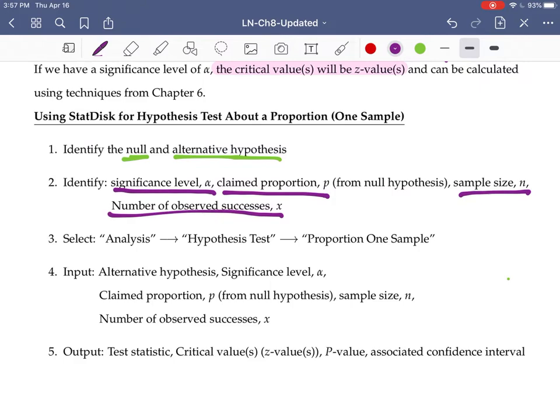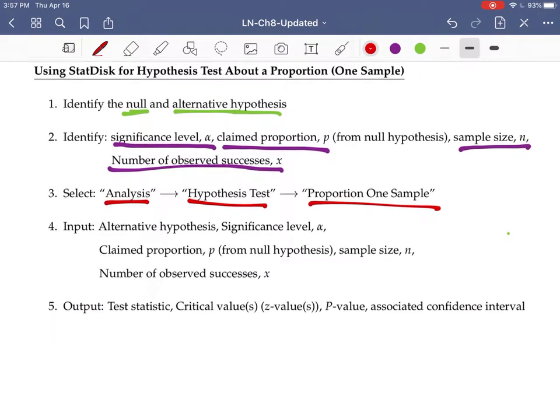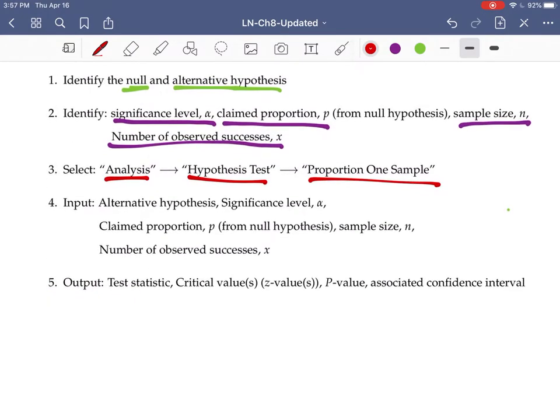Once you've identified those, you can go to StatDisk and choose Analysis, Hypothesis Test, Proportion One Sample. You input each one of those values, and then it will output a test statistic. It will output the critical value or values, depending on whether you have a one-tailed test or a two-tailed test. It will output the p-value and an associated confidence interval.